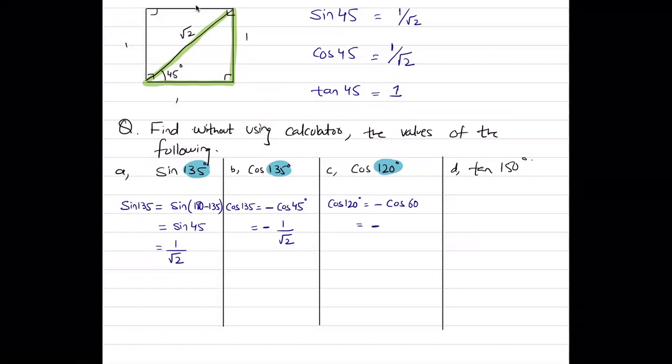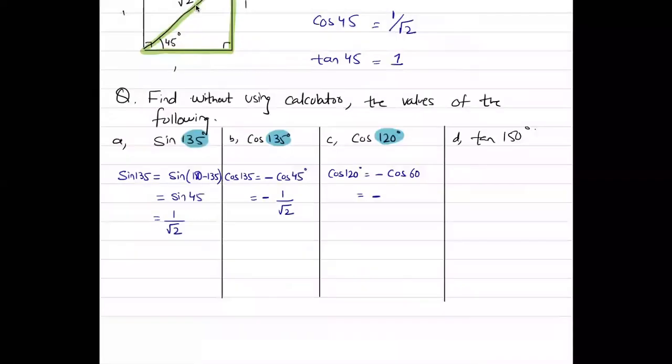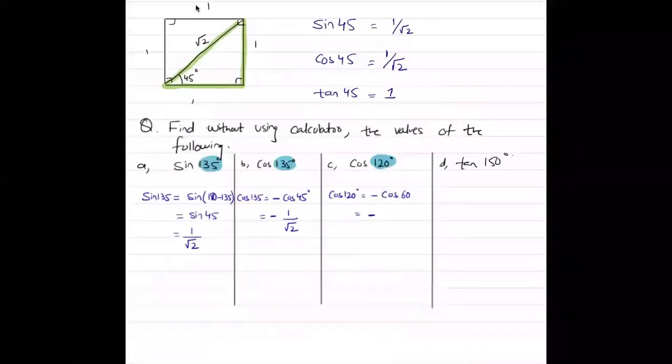And what is cos of 60 degree? You need to remember this from now on: cos of 60 was 1 upon 2. So cos of 120 is going to be equal to negative of 1 upon 2.